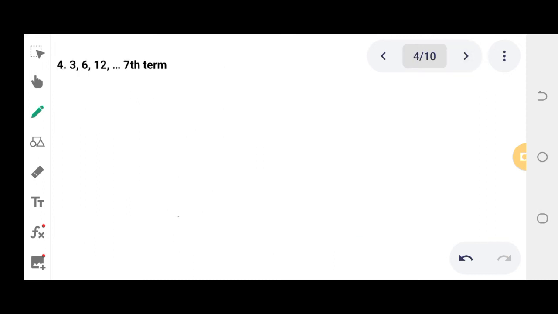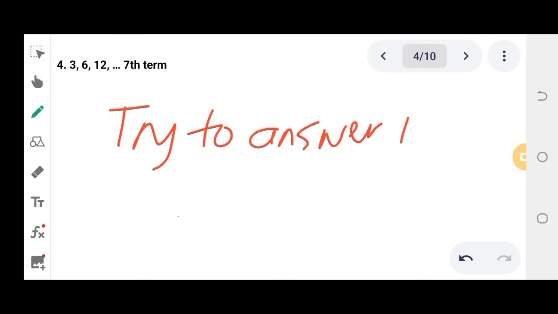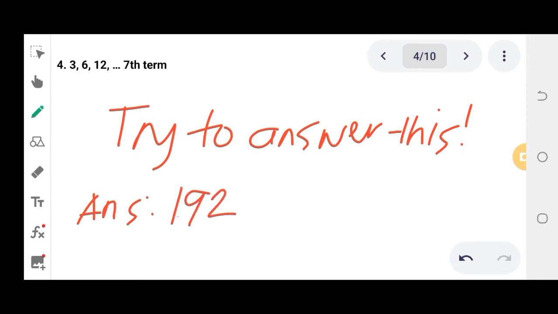Next. So, for number 4, okay naman magsagot na ito. Try to answer this on your own. Ayan. So, dito yung final answer, syempre. The final answer, 192. Yan.